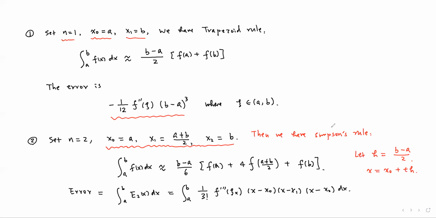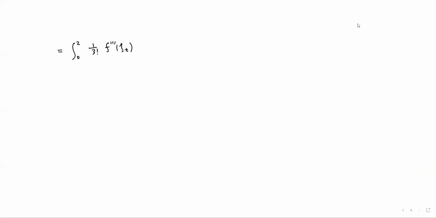Now, with this new variable t, this integral becomes the integral from 0 to 2 of 1 over 3 factorial times the derivative at psi, which depends on x. Now x depends on t, so psi depends on t. Then x minus x0: moving x0 to the left side, x minus x0 is th. So times th.